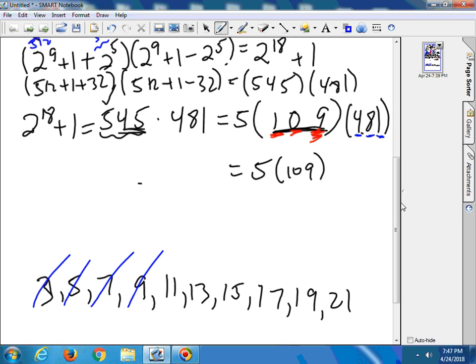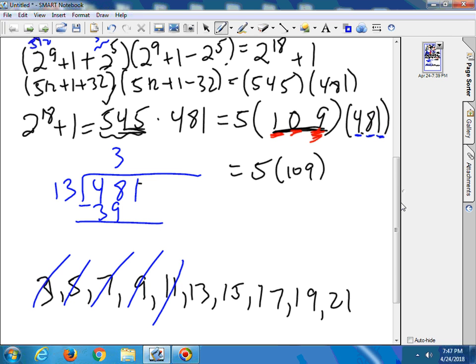So no 11. What about 13? Does 13 go into 481? Well, 13 times 3 is 39, with 9 left over, bring down the 1. 13 goes into 91 exactly 7 times. So 481 is 13 times 37. 13 is prime and 37 is prime.